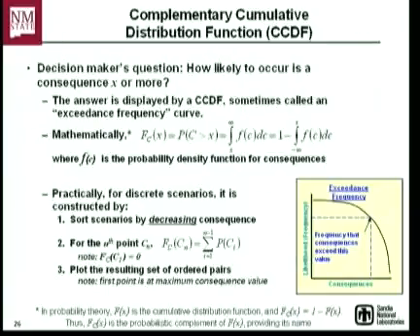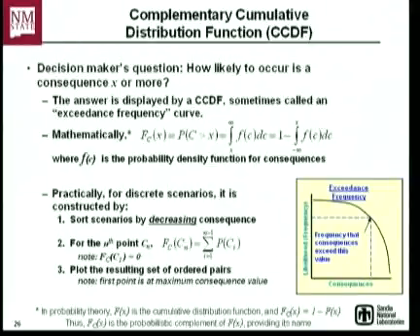The horizontal line goes to the frequency or probability axis, and it shows the likelihood that the scenario is that bad or worse. Mathematically, from a probability standpoint, this is 1 minus a cumulative distribution function. You can see it there written in integral form for a continuous consequence function.